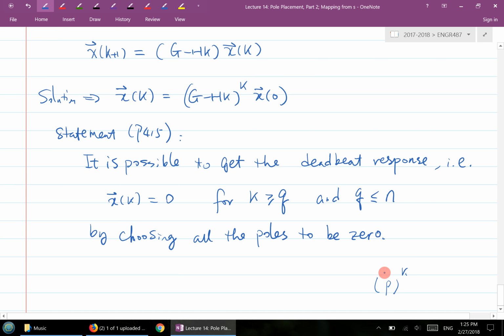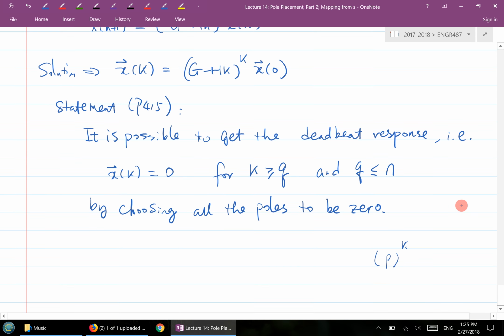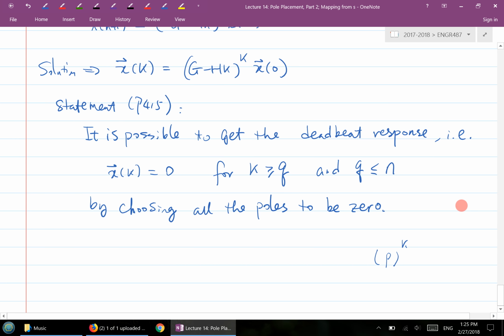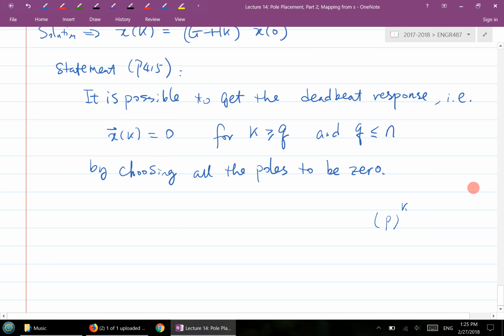Deadbeat basically means let's do the extreme: put everything onto the origin. It does have a catch, though, and I'll point it out. It will increase the control burden.